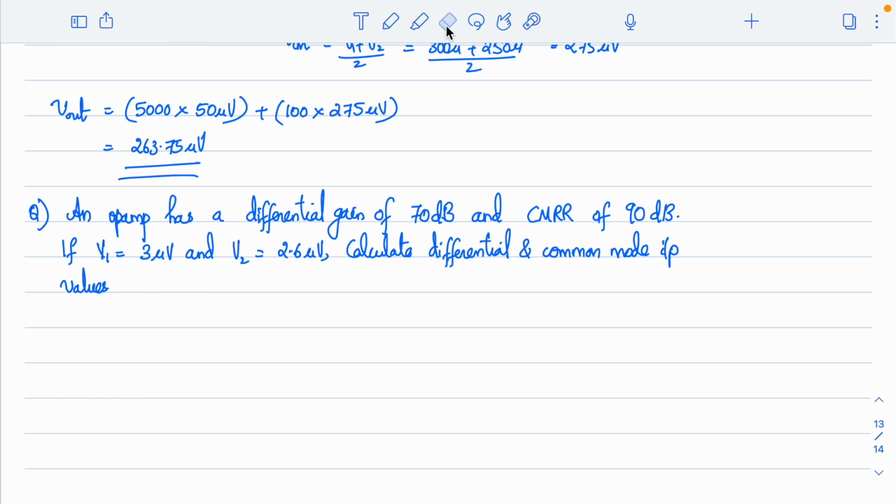Okay, this is not input values, the question is output values. Instead of directly asking what is V out, we know that V out is AD into VID plus ACM into VCM. Instead of asking what is V out directly, they are asking this part and this part separately.